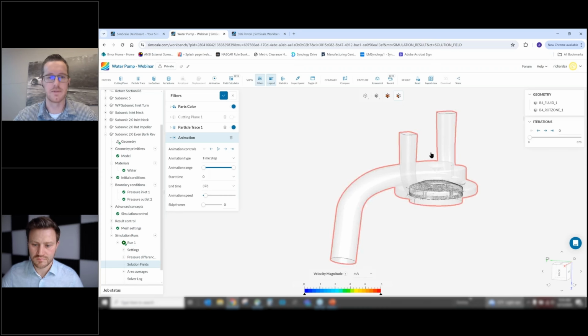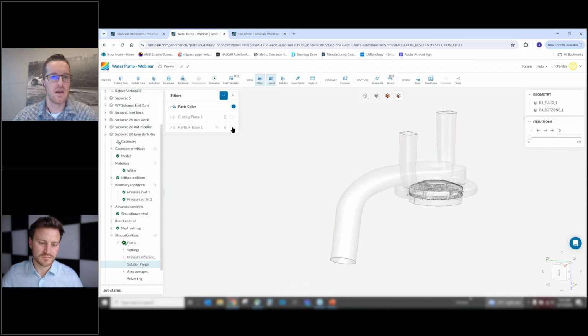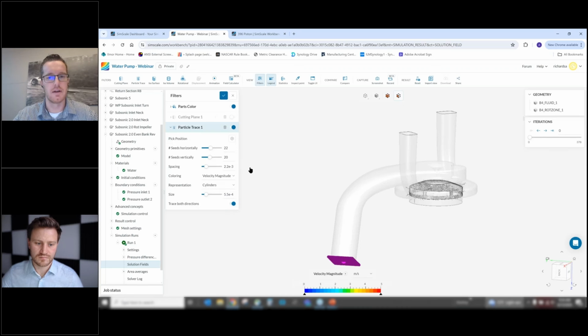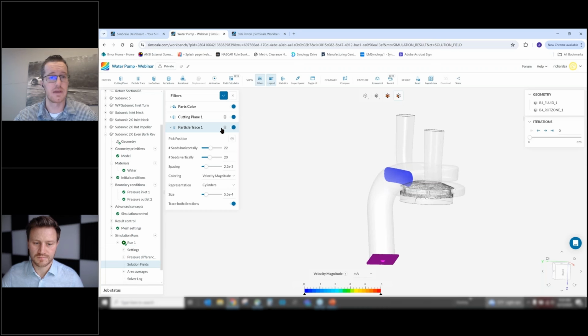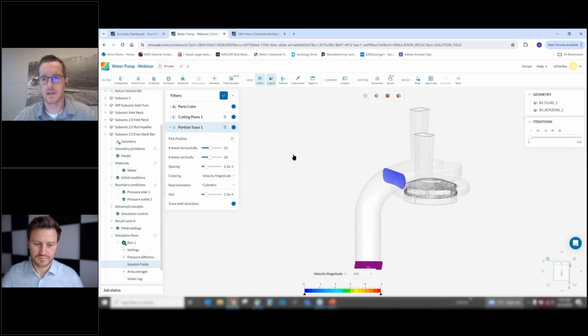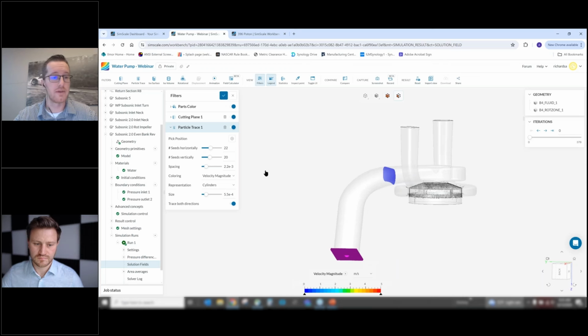The total time to end up here was, we'll say, a couple days to optimize this, as opposed to the more traditional design, make, test, redesign, remake, retest cycle that could take weeks. As you said, these days that sort of time is just not acceptable. So very happy with the way that SimScale is able to help us arrive at an answer much quicker.